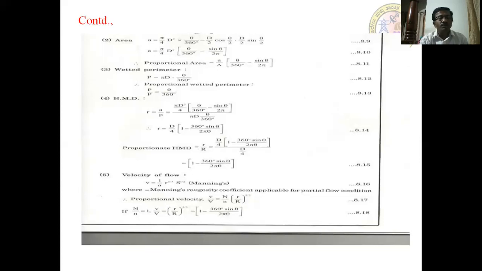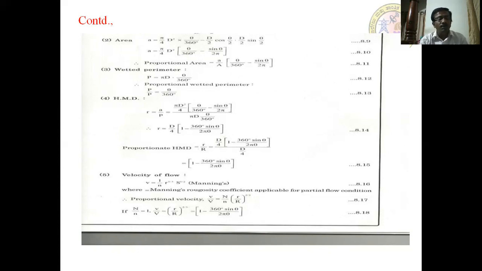Hydraulic mean depth, small r equals small a by small p. We know small a equals pi d square by 4 into theta by 360 minus sin theta by 2 pi, and we know small p equals pi d into theta by 360. Further simplifying, we get small r equals d by 4 into 1 minus 360 sin theta by 2 pi theta.